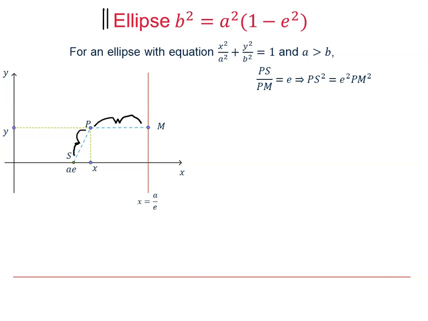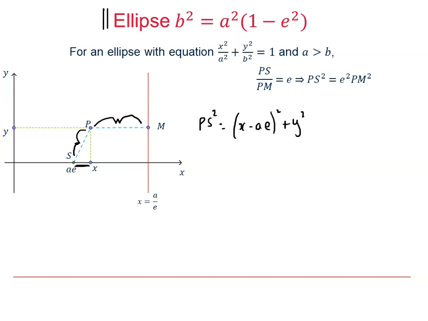Well, Pythagoras' theorem for PS squared gives us this distance here, which is x minus ae, all squared, plus the height y squared.